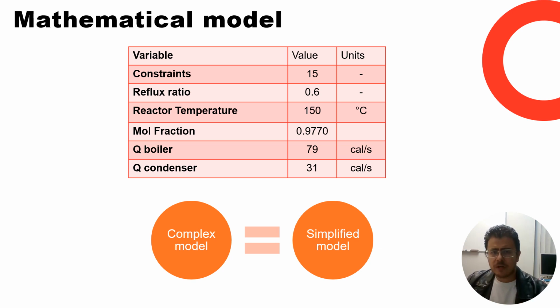And the boiler and condenser duties are in this range of units. Then we can simplify a complex model, considering several equations and complex behaviors, in a simplified model with only 15 linear constraints.